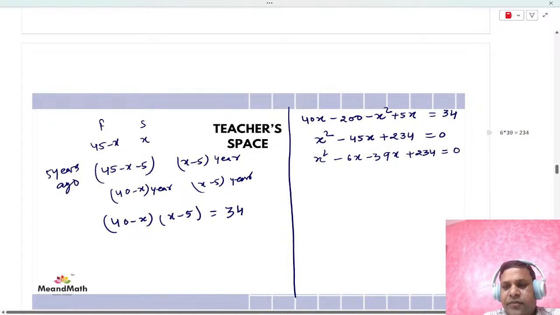From here we will get x minus 6 into x minus 39 is equal to 0. So x is equal to 6 and 39.